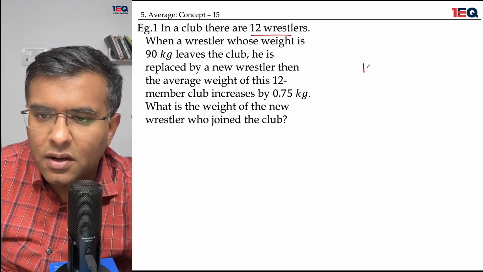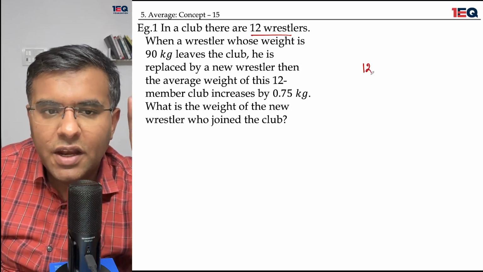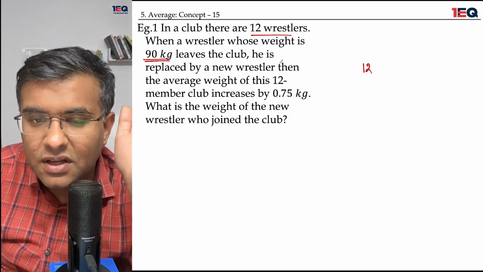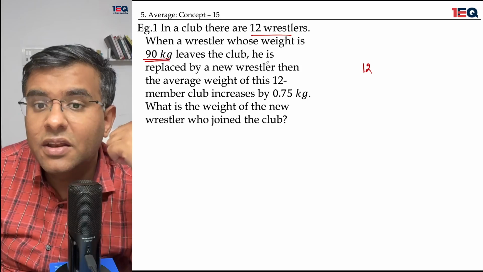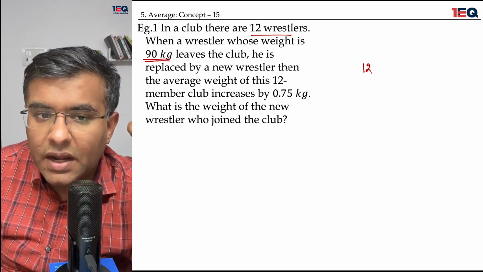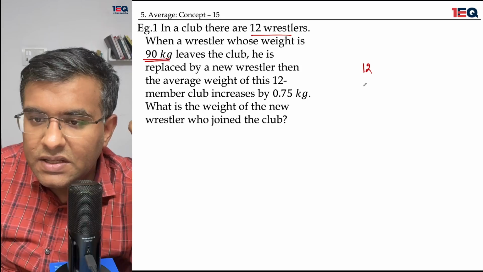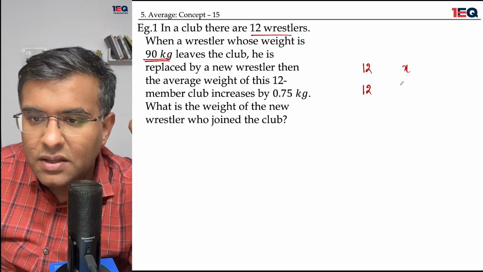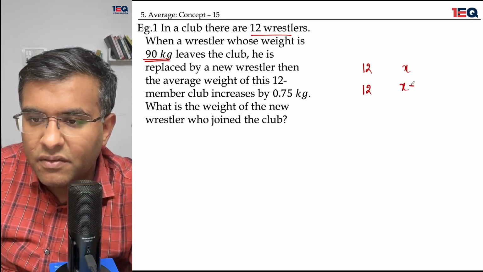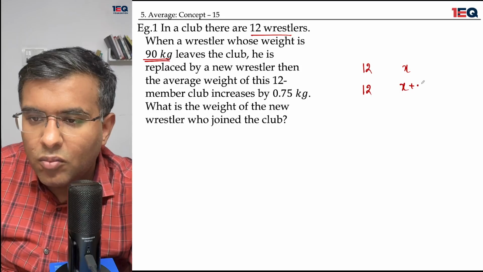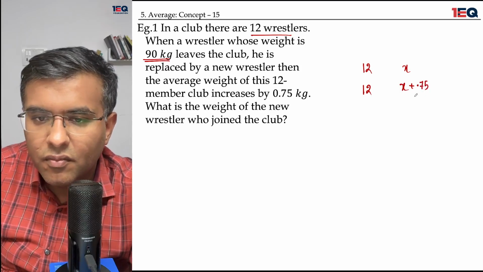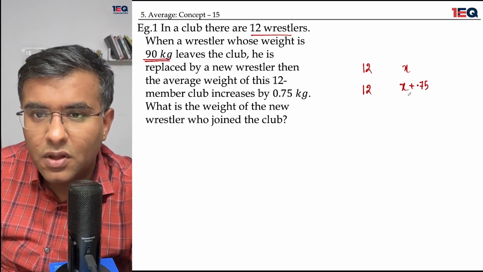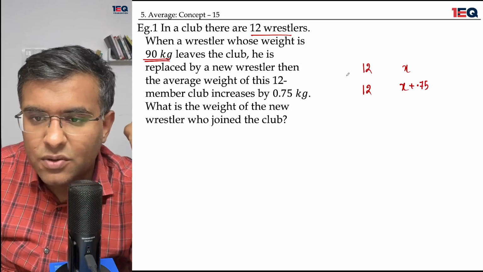When one wrestler whose weight is 90 kg leaves the club, he is replaced by a new wrestler, and then the average weight of these 12 wrestlers increases by 0.75. What is the weight of the new wrestler who has joined the club?